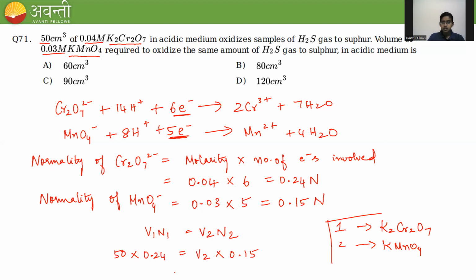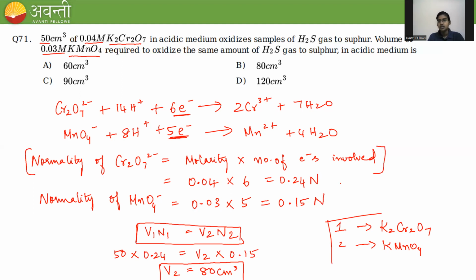On solving this, we will get V2 as 80 centimeter cube. Okay. So this is the volume of KMnO4 required to oxidize the same amount of H2S gas to sulfur. We are using this relation to find out the volume from the normality relation. So two equations you are getting from this: one is the normality formula and the other one is V1N1 equals V2N2.